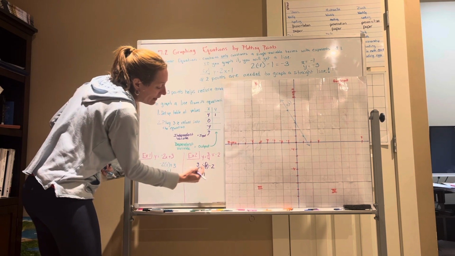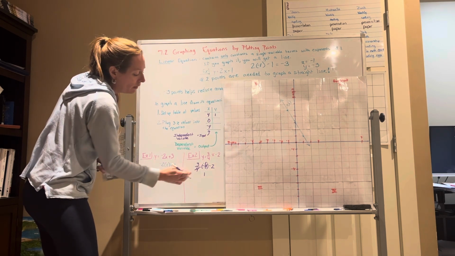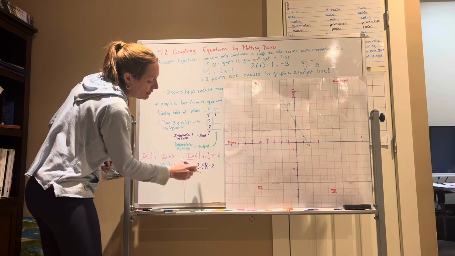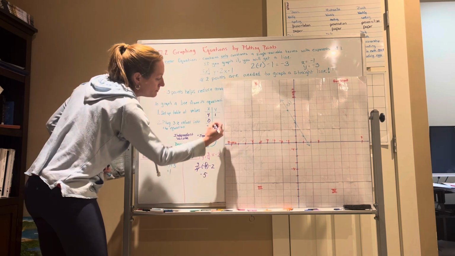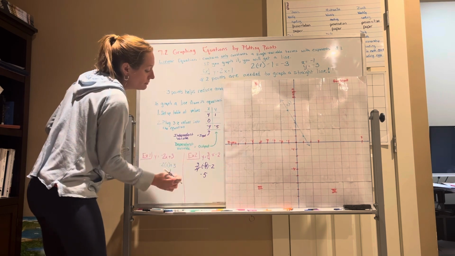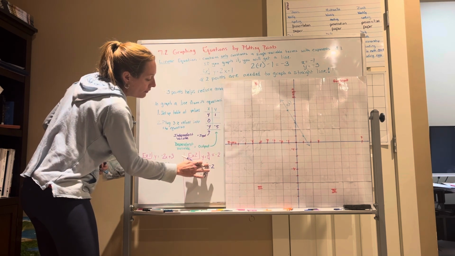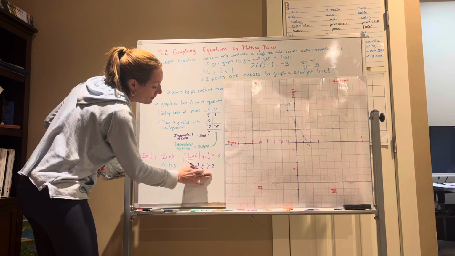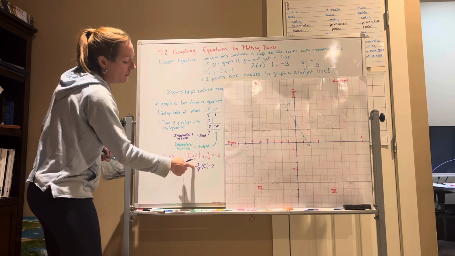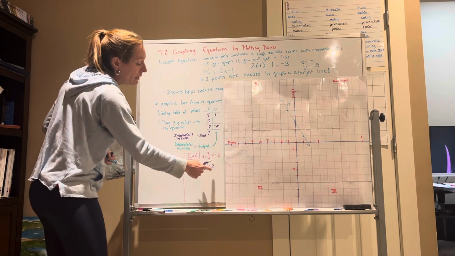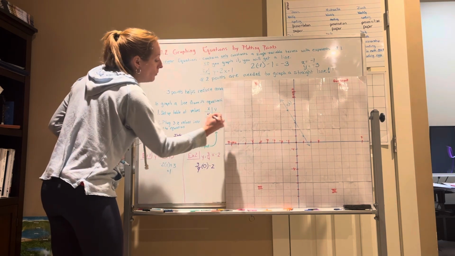But I still have a negative 1. Don't forget about the negative 1 there. So here now I have negative 3 minus 2, which is negative 5. And then finally, I have 0. Well, anything times 0 is 0. Minus 2 is going to give me a negative 2.